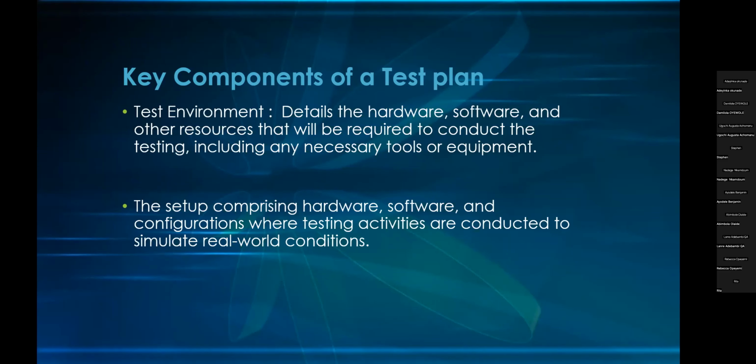You have a detailed and very clear report of what will be your test environment for that particular project. So the setup comprises hardware, software, and configuration, where testing activities are conducted to simulate real-world conditions.